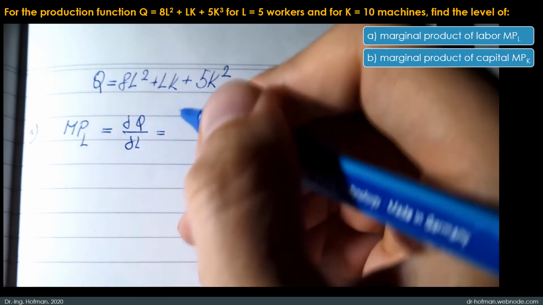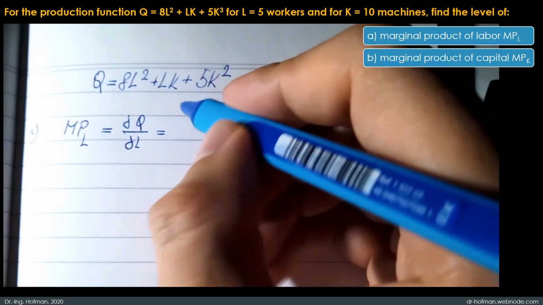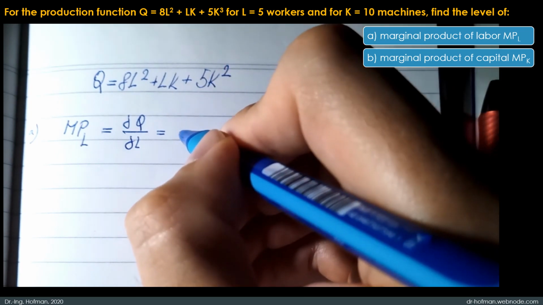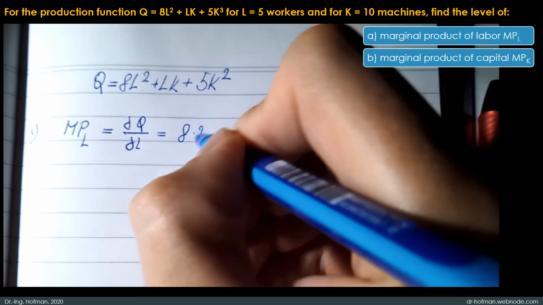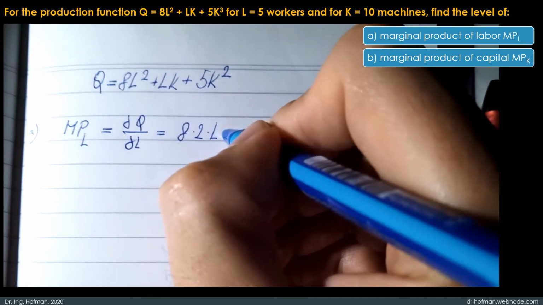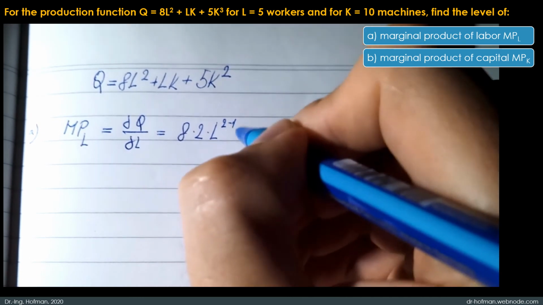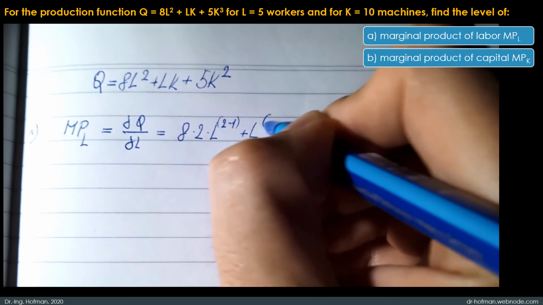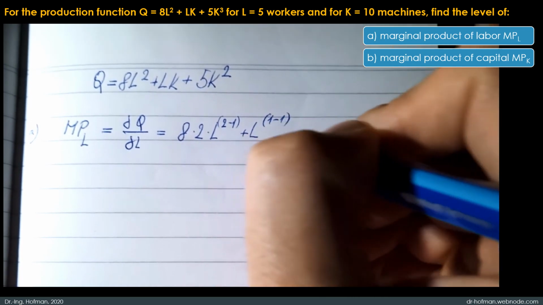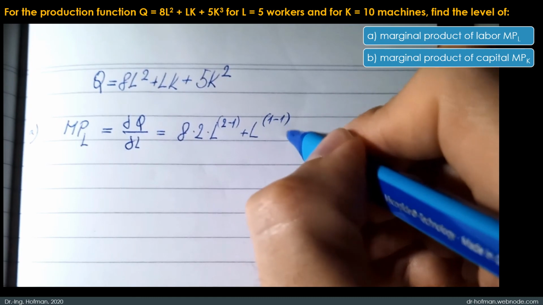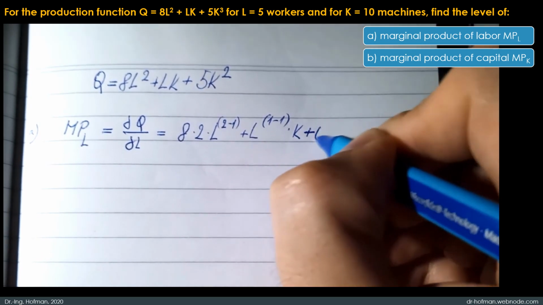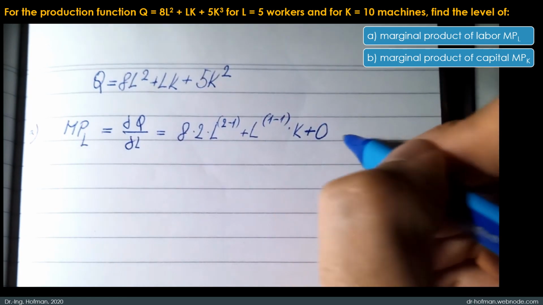You know that its formula is the derivative of Q according to L, which is, for 8L squared, 8 times 2 times L to the 2 minus 1, plus L to the 1 minus 1 times K, plus 0.